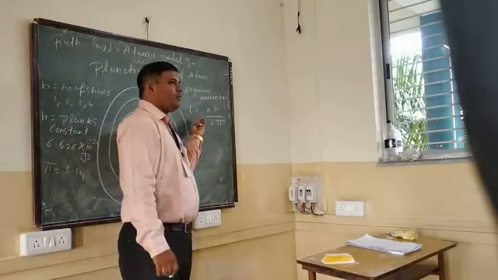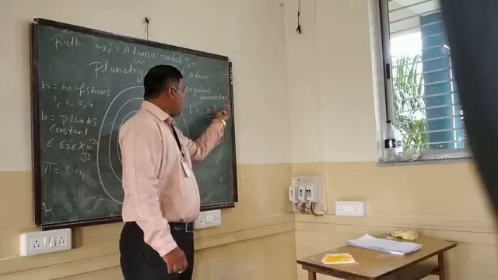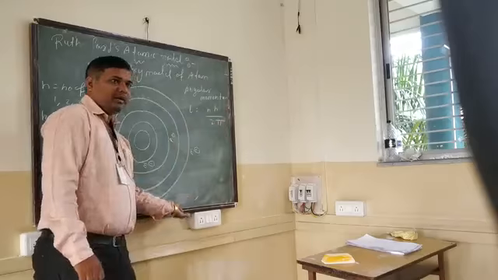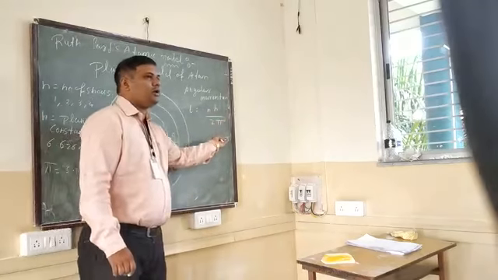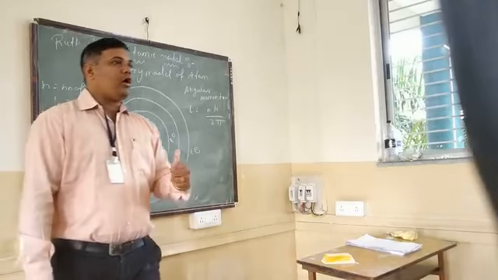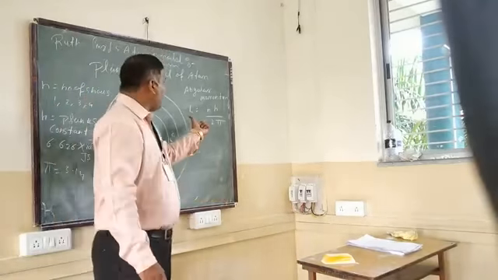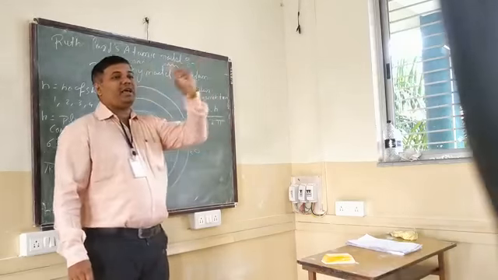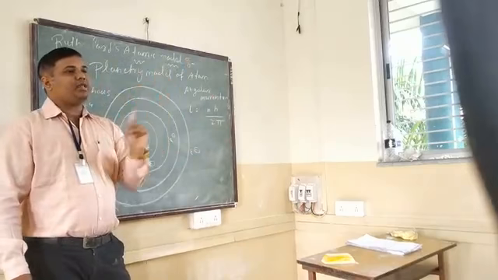Whenever the angular momentum is equal to nh by 2 pi for any particular orbit, then it is said that the electron will be present in that orbit. ऐसा क्यों? Because in that particular orbit where the angular momentum is equal to nh by 2 pi, it will not radiate energy. यानी कि ये अपना energy lose नहीं करेगा.